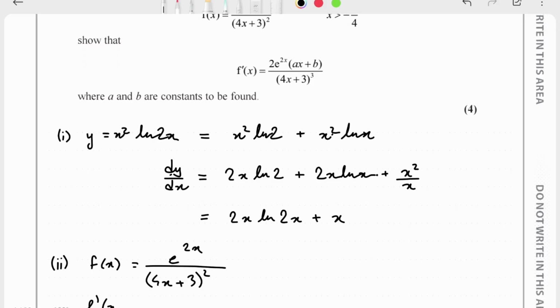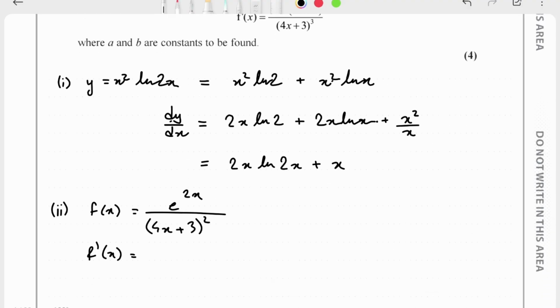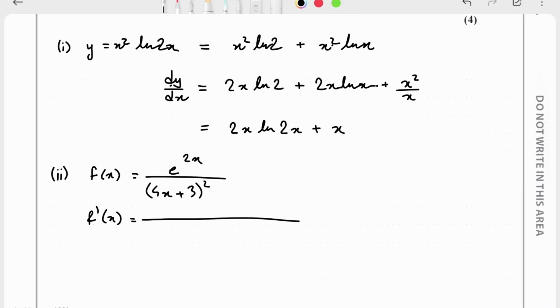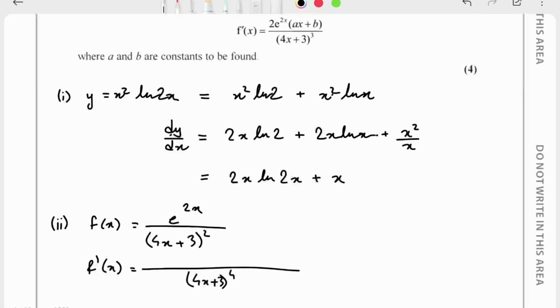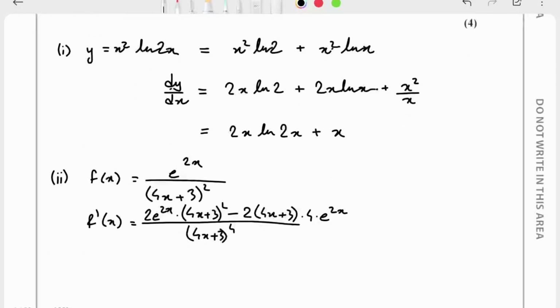So f prime of x is equal to, over 4x plus 3 whole to the power 4, e to the power 2x times 4x plus 3 whole squared minus 2 times 4x plus 3 times 4 times e to the power 2x.